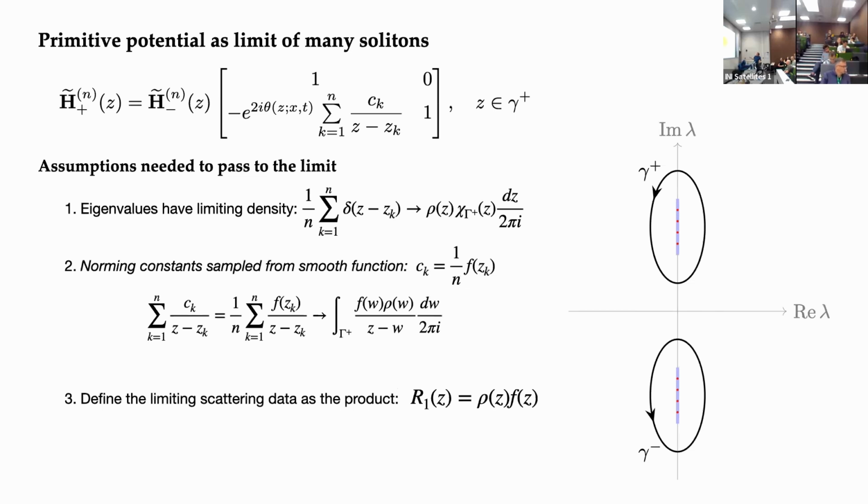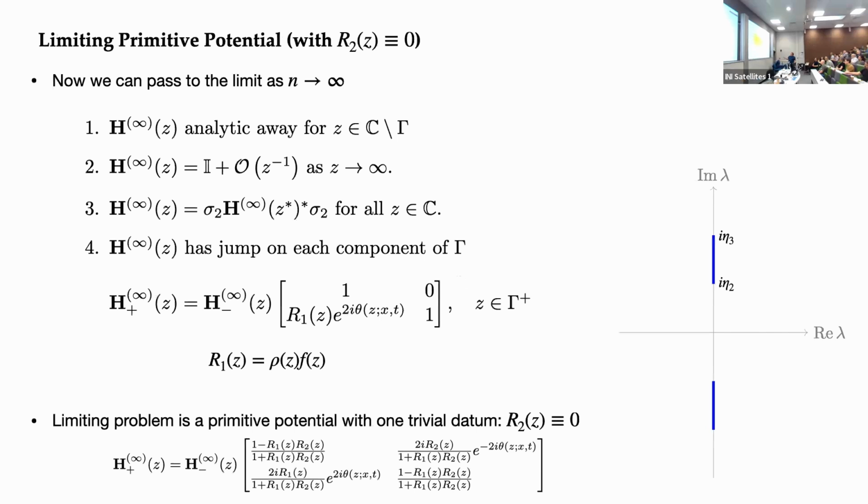So you take the limit out on this disk where everything is controlled because now the denominators are bounded. Take the limit out there, now you have integrals. That's just a Cauchy transform. You collapse it back onto the band and you get this. So this is the Zakharov primitive potential where R2 is 0. So it gives you a triangular picture.